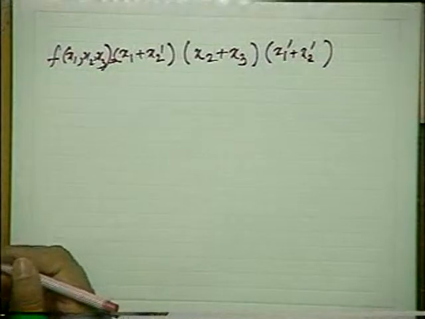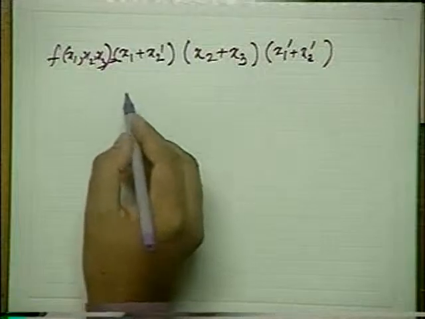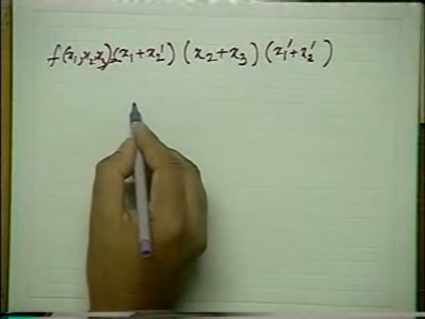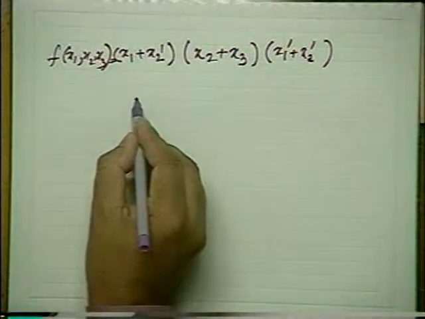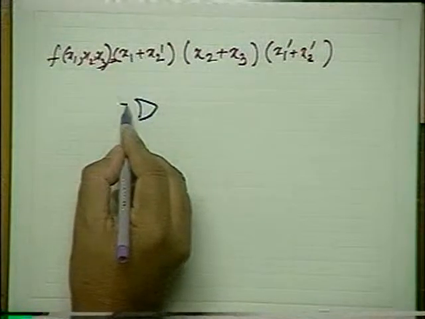The corresponding realization will be of this form: we first realize x1 plus x2 bar by means of an OR gate.